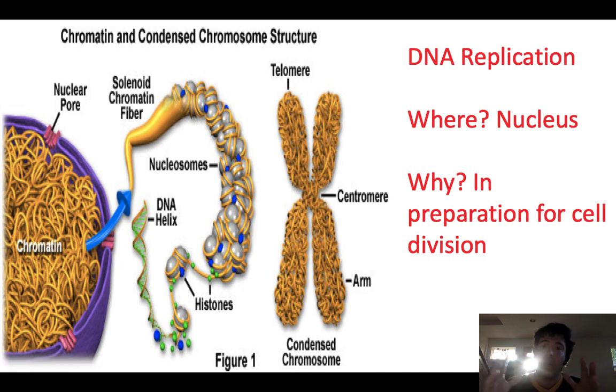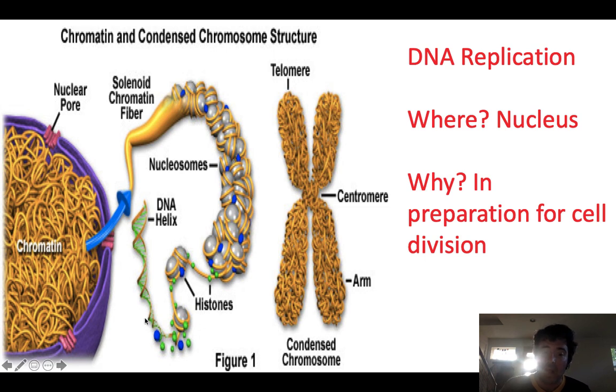Now, in order to condense your toilet paper, you don't just have it floating around in your bathroom. Some of you might, right? But you don't generally just have it floating around in your bathroom. You take that toilet paper and it's wrapped around a toilet paper roll, and that helps you to condense it. DNA, which is kind of like the toilet paper in this analogy, wraps around the histone proteins, which are kind of like the toilet paper roll, and it allows DNA to condense.